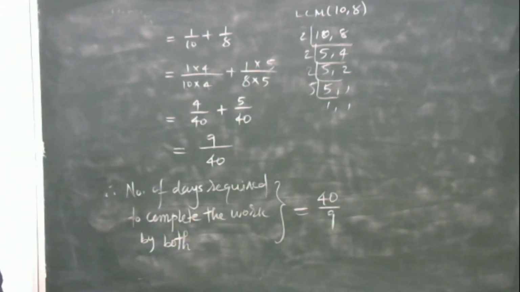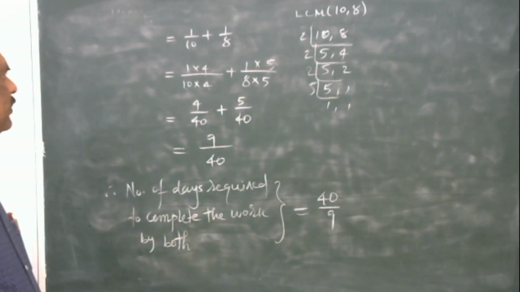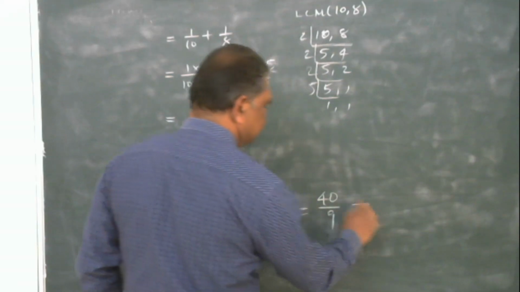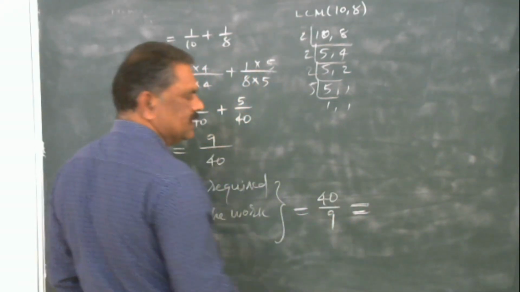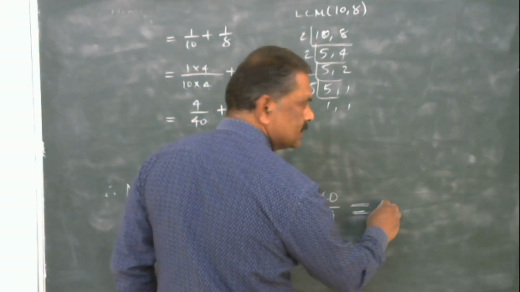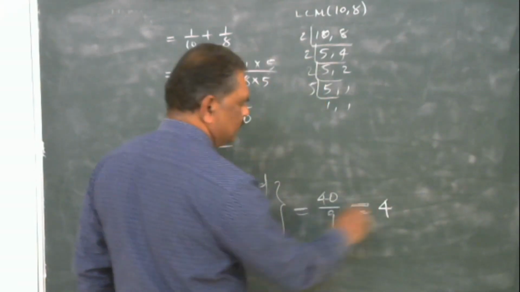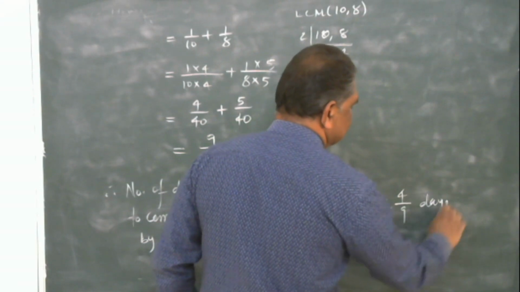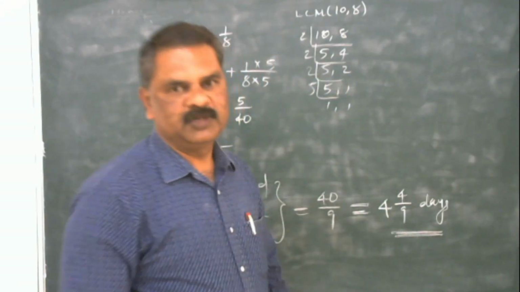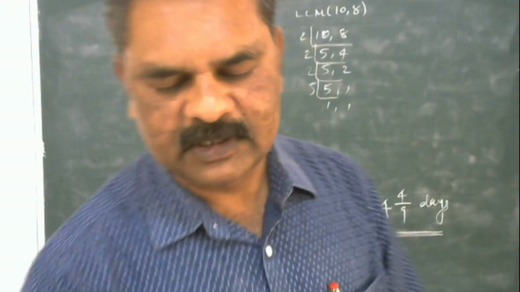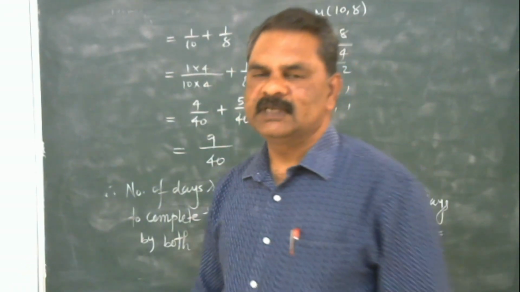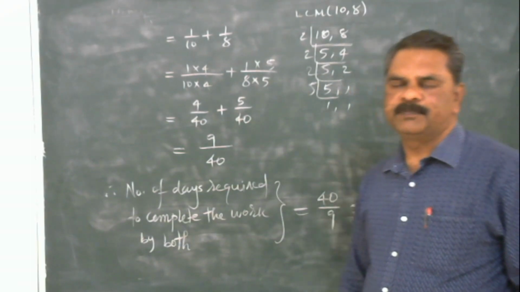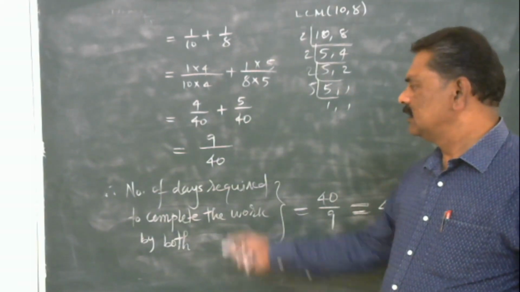Clear? 1 day's work, reciprocal of it, it is 40 by 9. Simplify it. How many 9s are there? 4 9s are 36, remaining 4. So 4 4/9 days are required for both the people to complete the work. Okay, be a little bit careful because it is inverse proportion.